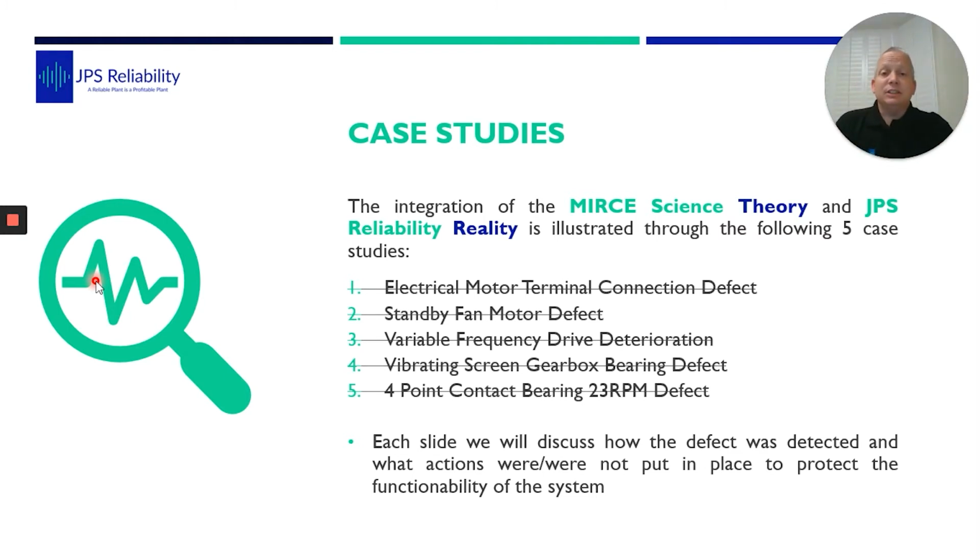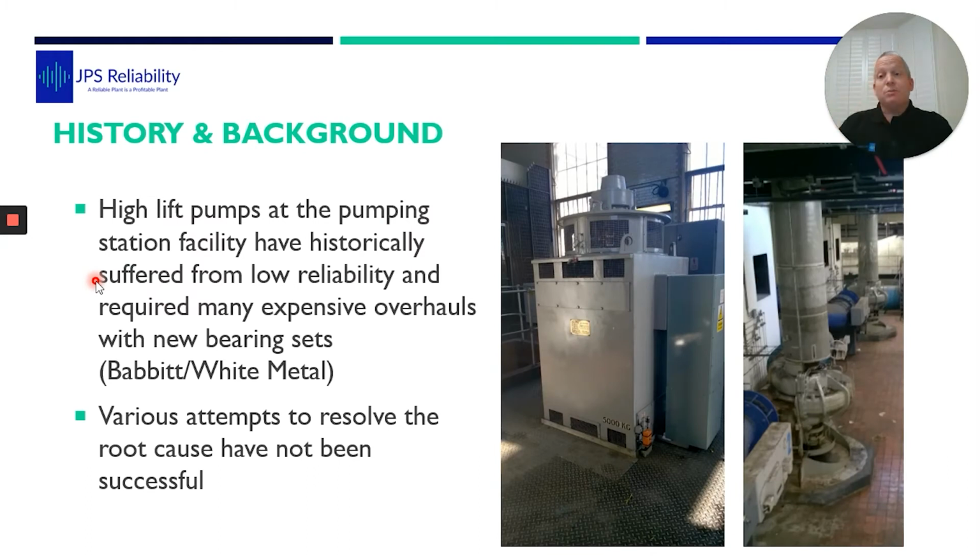Now we'll get into case study 6. The background on this one was, it's a pumping station, and as usual, we only got involved when they had repeat failures. They kept trying to fix it, and when they couldn't fix it anymore, they thought they'd give us a call. So we came along and we looked in.